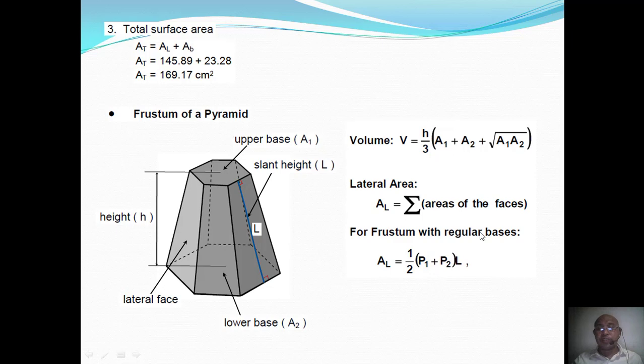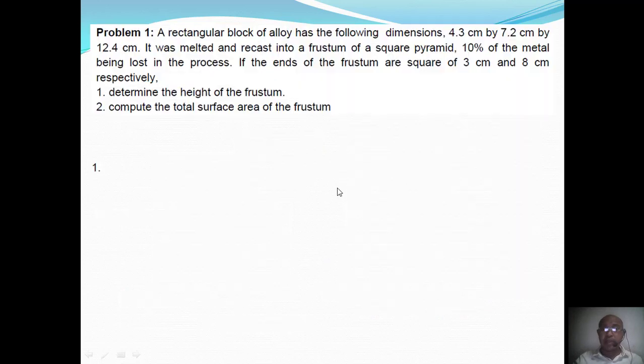So for a frustum with regular base, the area of the lateral surface is 1/2 (P1 plus P2) times L. Or simply, solve for the area of each trapezoid and then add up. So of course, the total surface area is the lateral area plus the area of the bases.